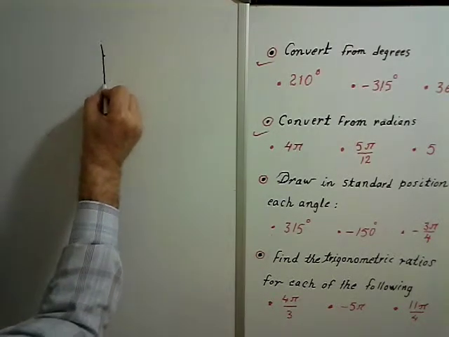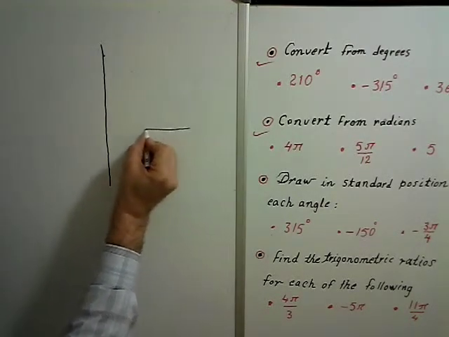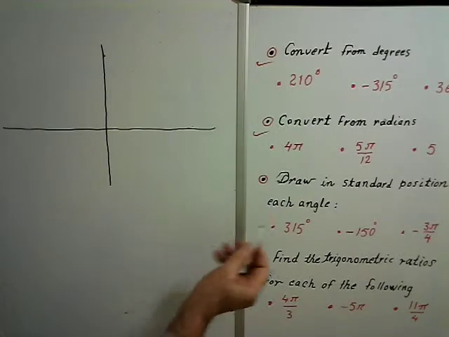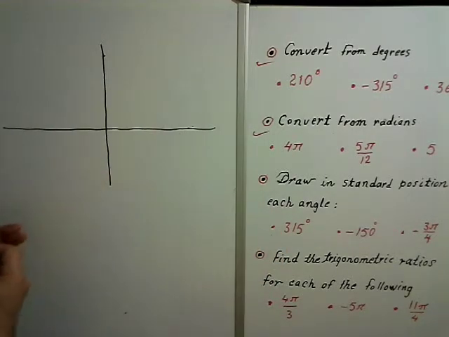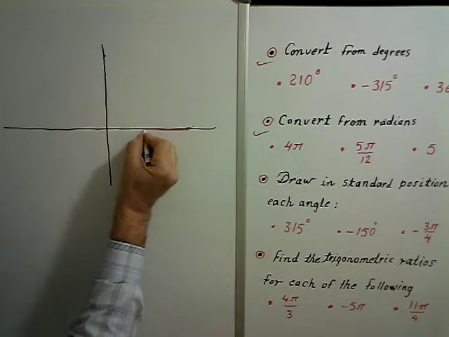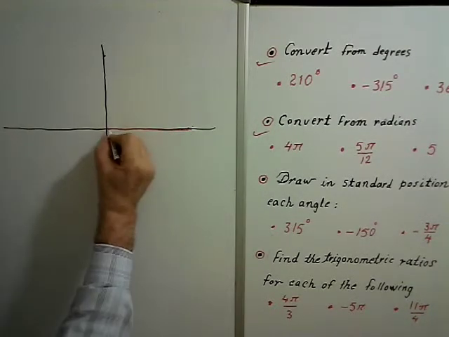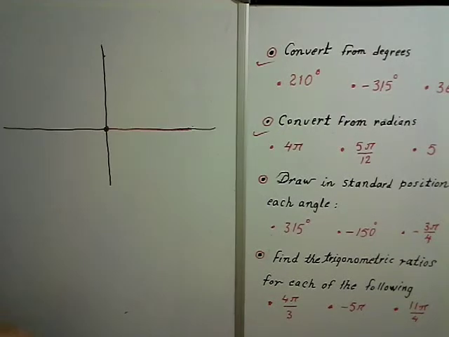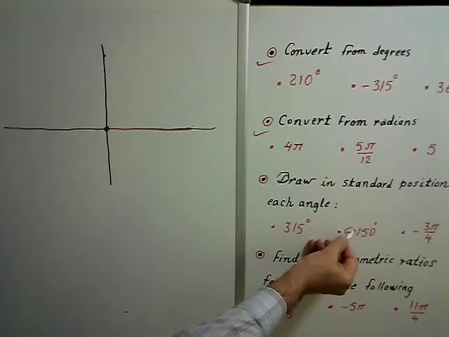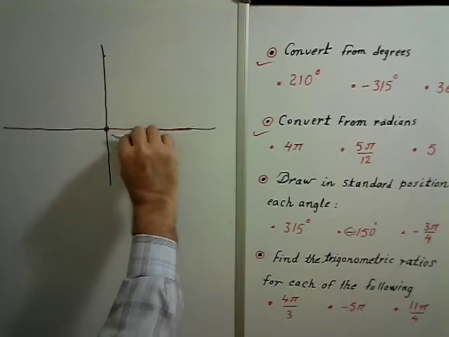We just draw the y-axis and x-axis, and starting from the initial side here, the vertex of the angle will be on the origin point. Because this is negative, we will move clockwise in this direction.